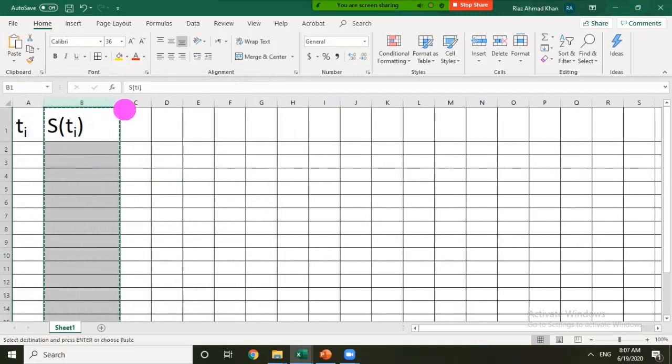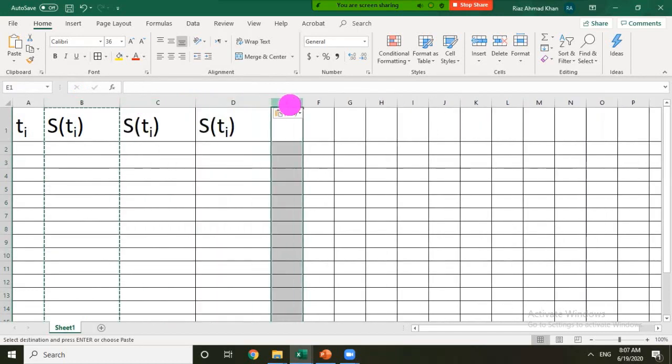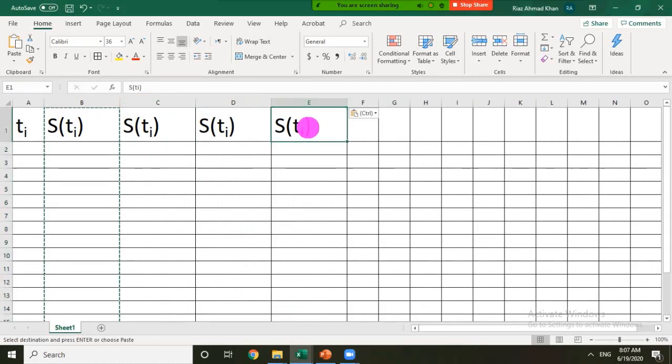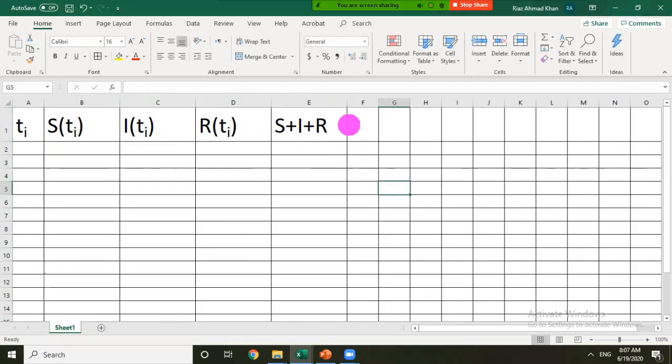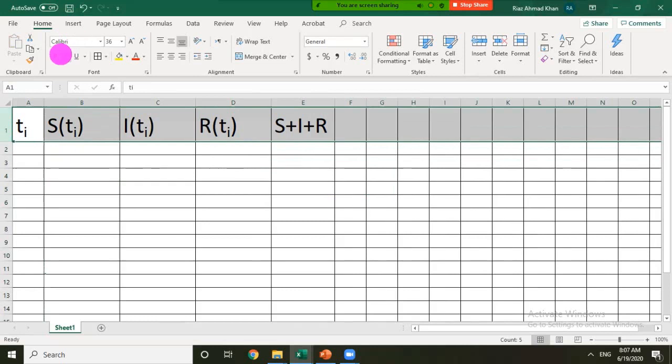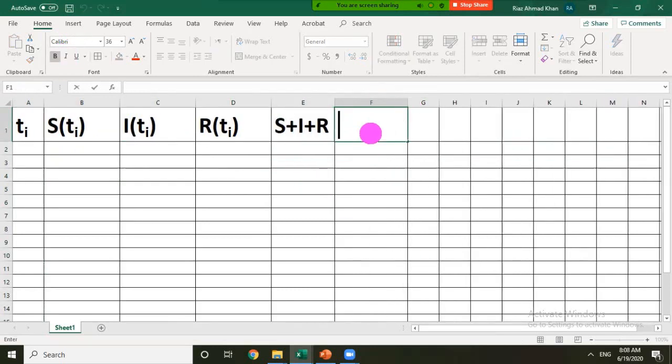copy and paste this second column here, and also here, but now replace S by I and S by R. Similarly here, let us write S plus I plus R. Just bold it, and here I will use constants.